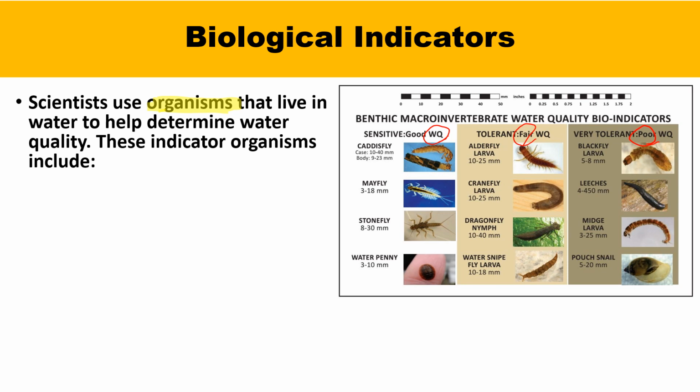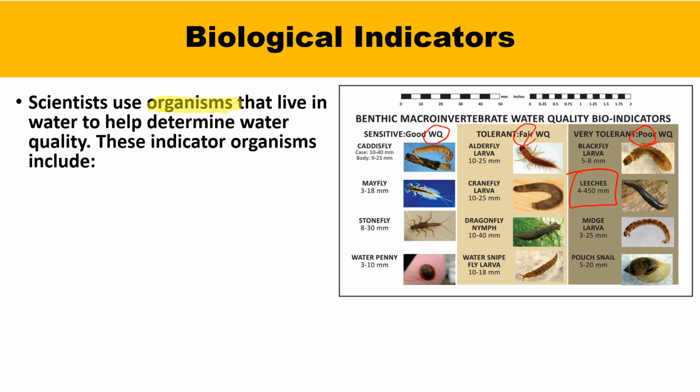As you can see, there are few living matters that have to build their habitat inside of that water or aquatic environment, whatever pond or lake or river it can be. And if you find a certain population of that species, you can determine that this is good, fair, or poor quality of water. For instance, leeches. If you see no other than black fly larvae and leeches, that indicates poor water quality.